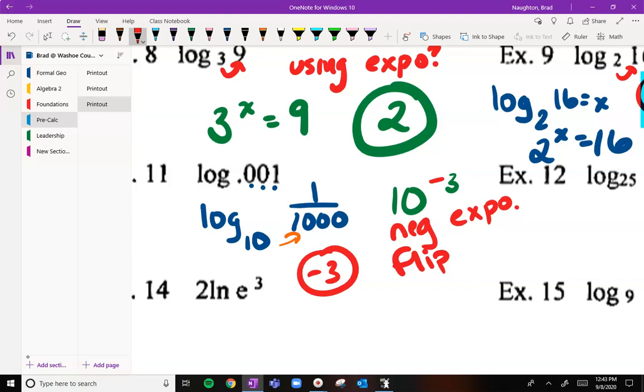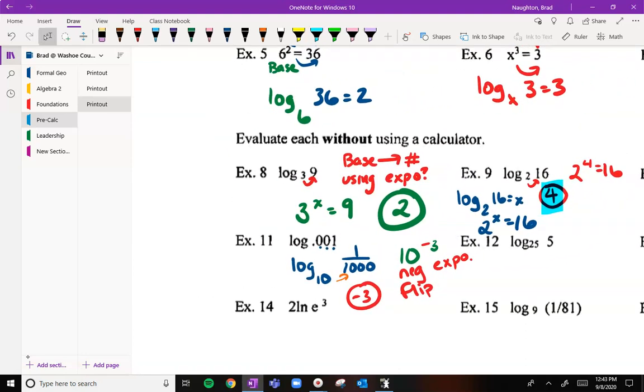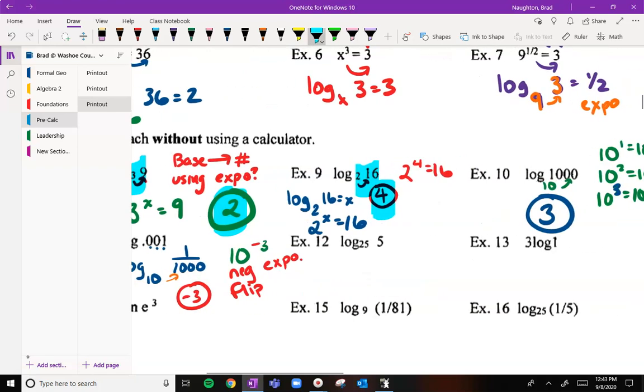Okay? So, ladies and gentlemen, boys and girls, I want you to notice some trends here before we get going too much further. If I'm going from a base to a bigger number, notice our value is bigger than 1. Base to a bigger number, it was a 4. Base to a bigger number, it's a 3.